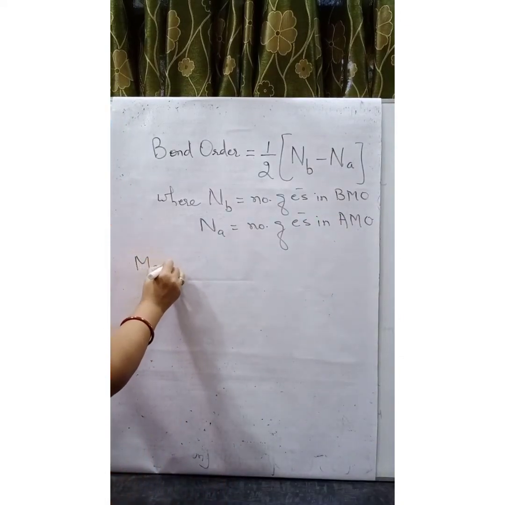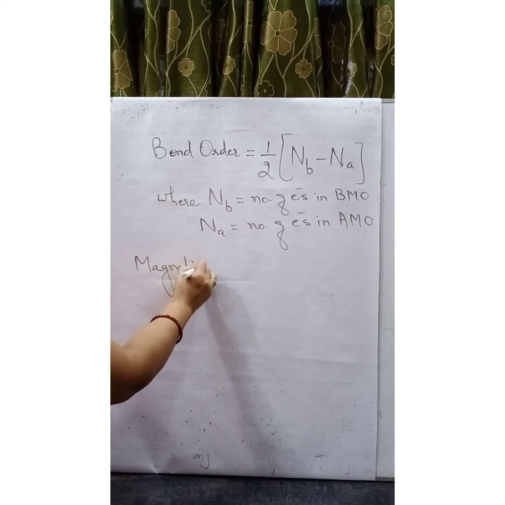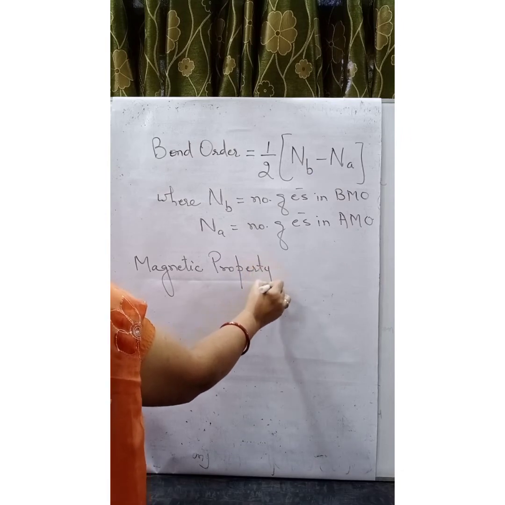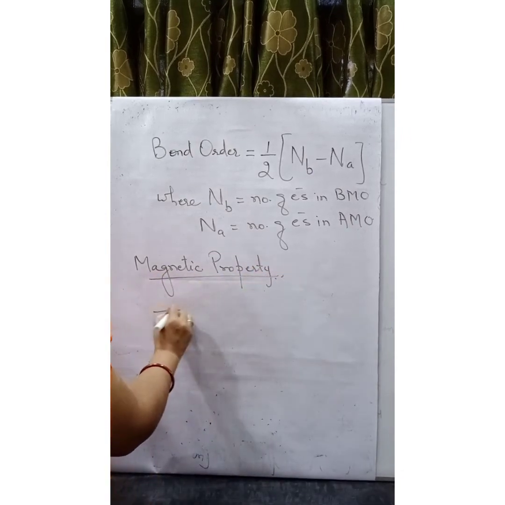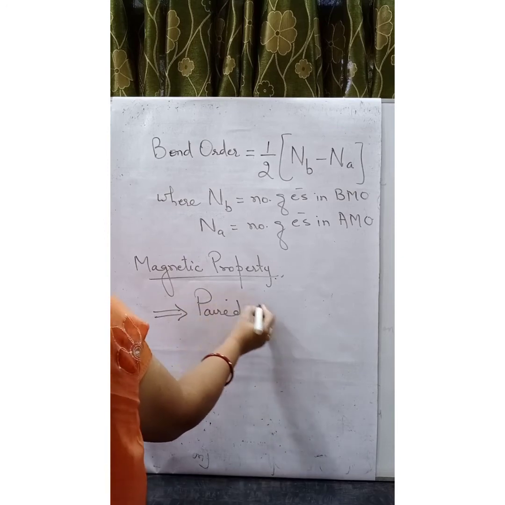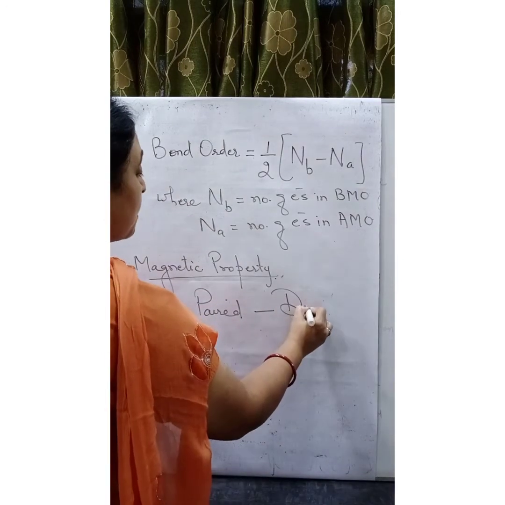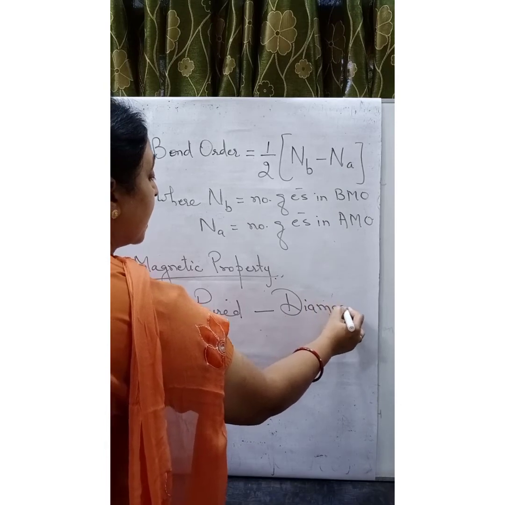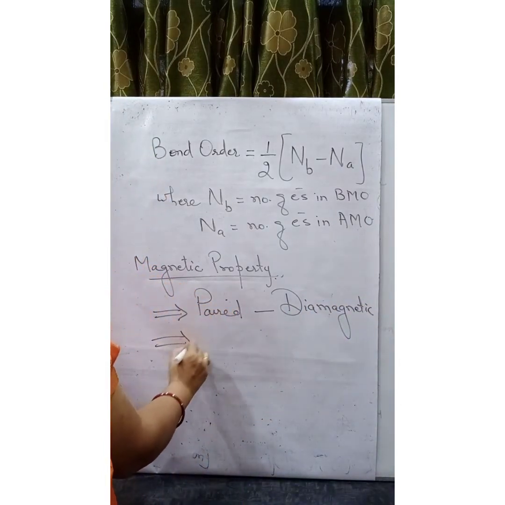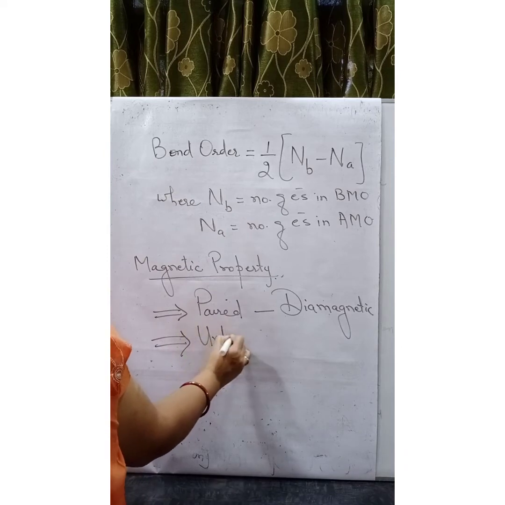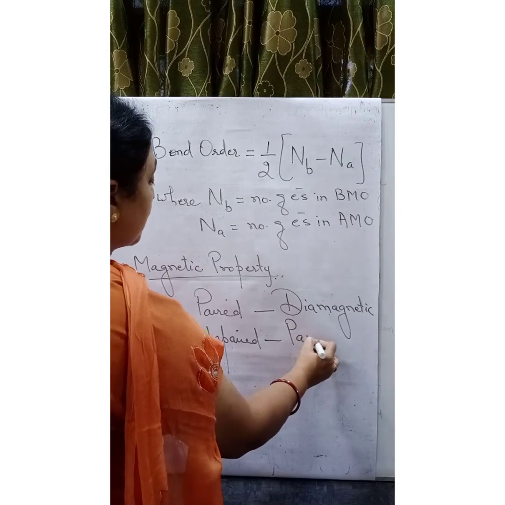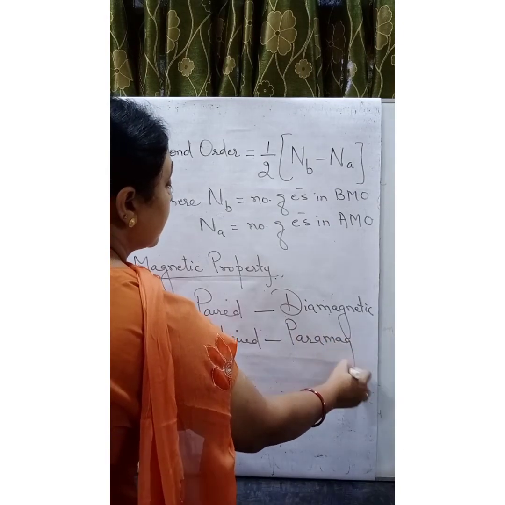And for magnetic properties, we have to look at the molecular orbitals. If all electrons are paired, the magnetic property is diamagnetic. And if there is the presence of even a single unpaired electron, then the magnetic property is paramagnetic.